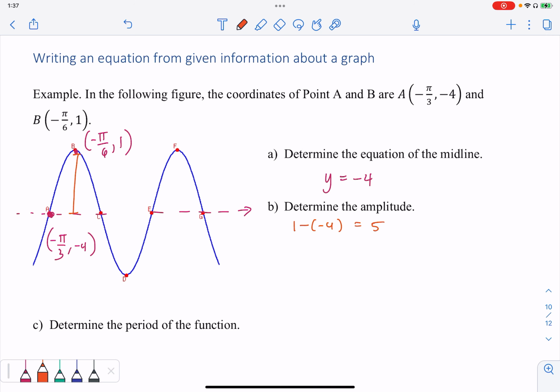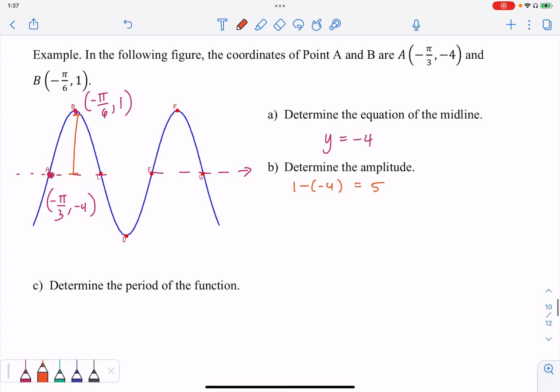Well, this one is a little trickier. I know that the period is going to be one full cycle. So let's map out one full cycle on the graph I'm given. In this case, I'm thinking about it as a sine function.